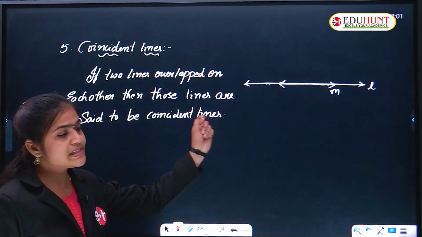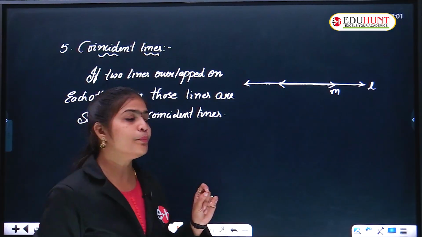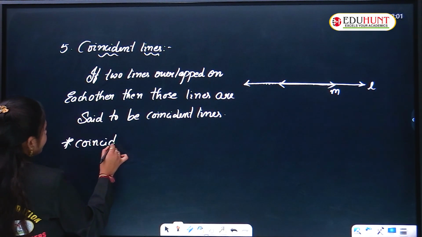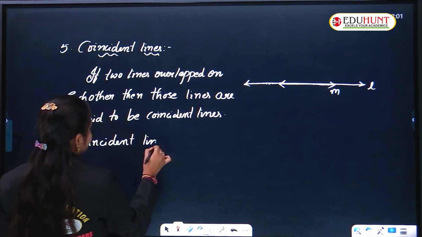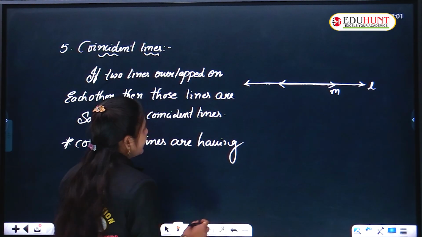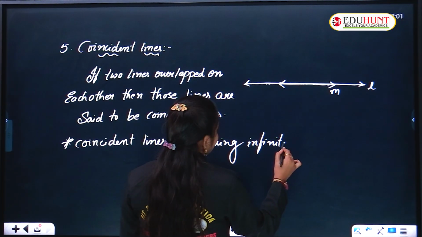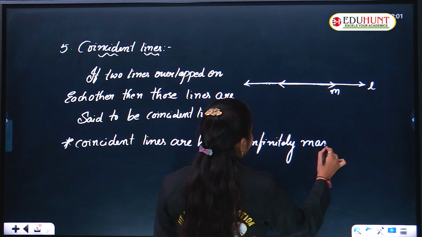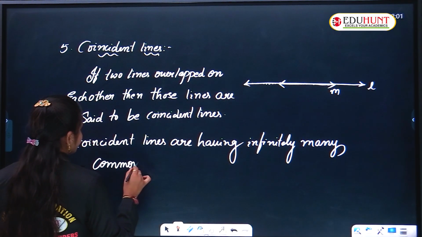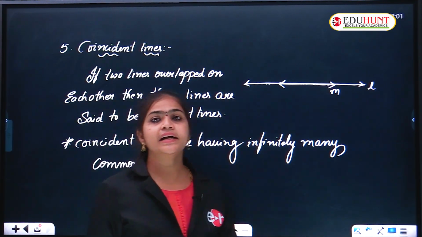If two lines are coincident lines, then those two lines have infinitely many common points. Understood? So this is about coincident lines.